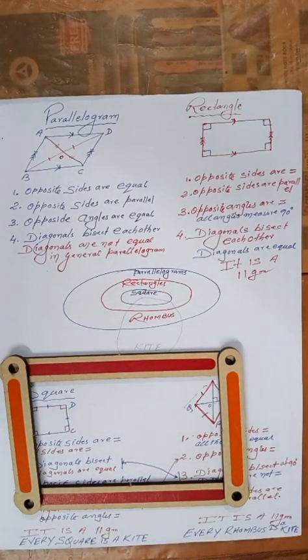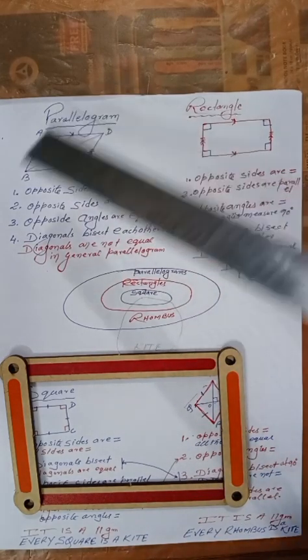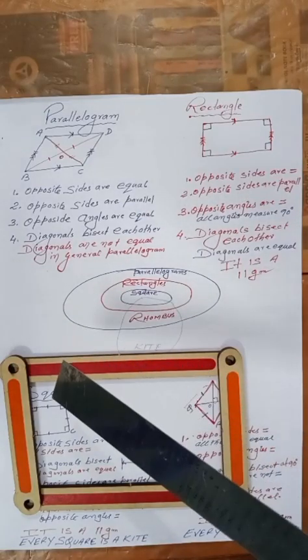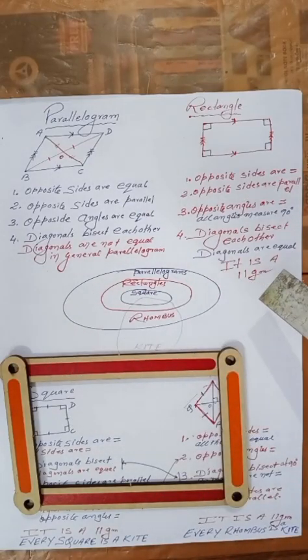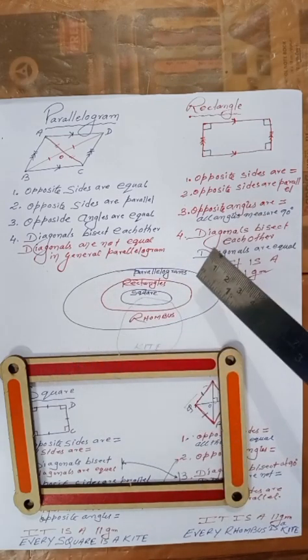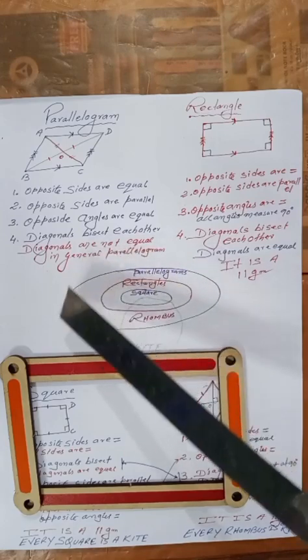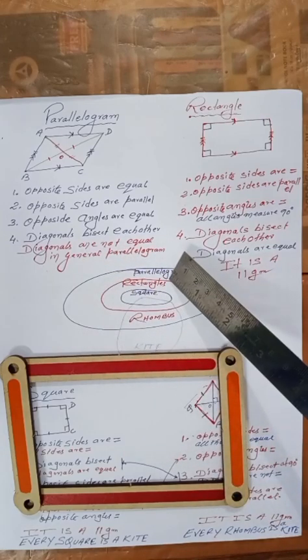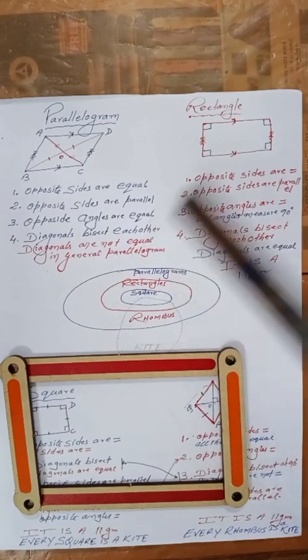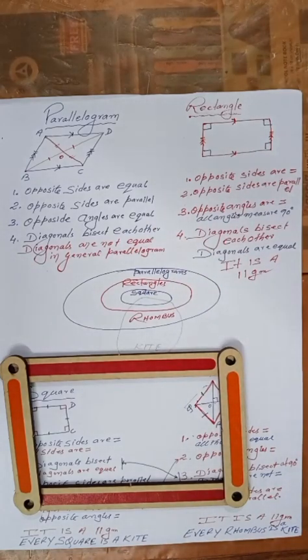Clear? Since we have made this rectangle from the parallelogram, all rectangles are parallelograms, meaning all rectangles are a part of a parallelogram. So I have drawn a Venn diagram here. You see the blue coloring is a parallelogram, and inside there is a rectangle in red coloring. So all rectangles are parallelograms, but all parallelograms are not rectangles.